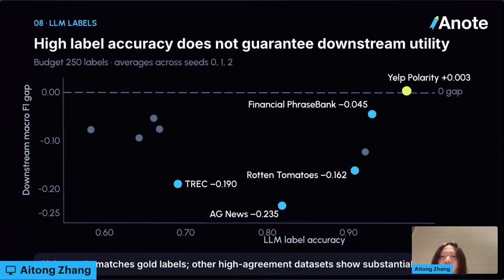So we must ask not only how many labels are correct, but where the error occurs and what models learn from them. An LLM annotator should therefore be evaluated as a complete annotation strategy, not only through label agreement.